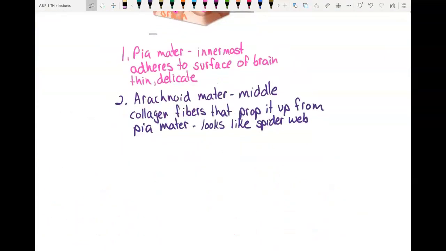That creates a subarachnoid space, and this space is where cerebral spinal fluid flows.